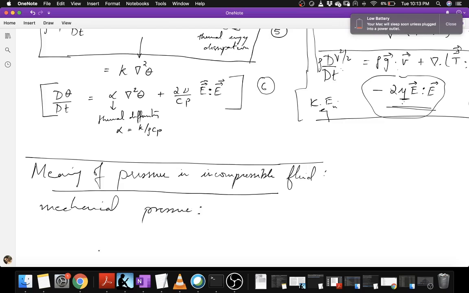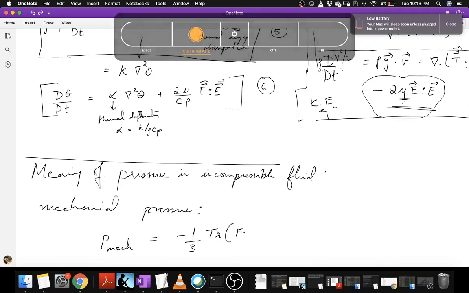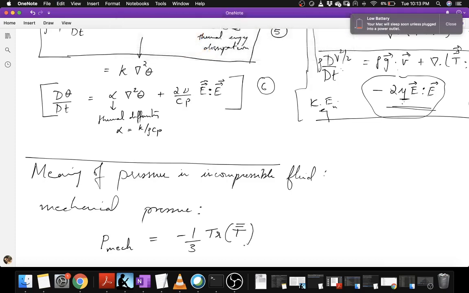And one can define the mechanical pressure, P mechanical, which arises in the incompressible Navier-Stokes equations, to be simply the negative 1/3 of the trace of the deformation tensor or the velocity gradient tensor. It should be the trace of the stress tensor, because that's the tensor of surface forces.